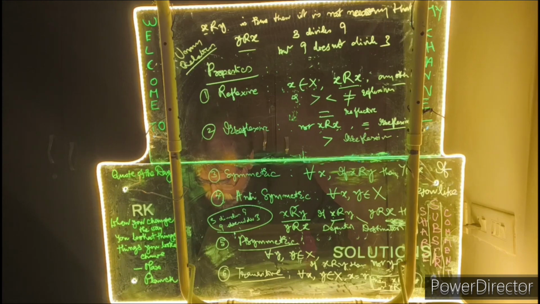Now, what is the example? Let us say we have the set of real numbers, the set of integers, and we have natural numbers also.